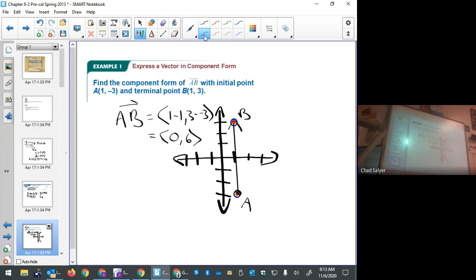Zero units of displacement in the x, 6 units of displacement in the y. That's finding a component form for a vector given its initial and terminal points. Fundamental idea in vector analysis. Pretty simple, relatively speaking.